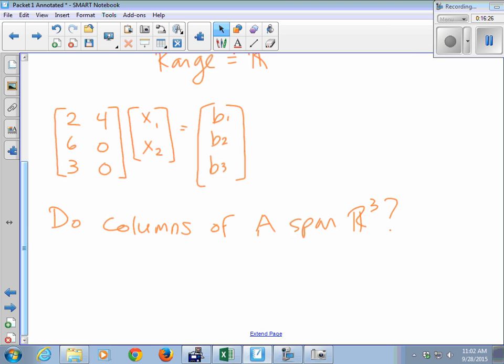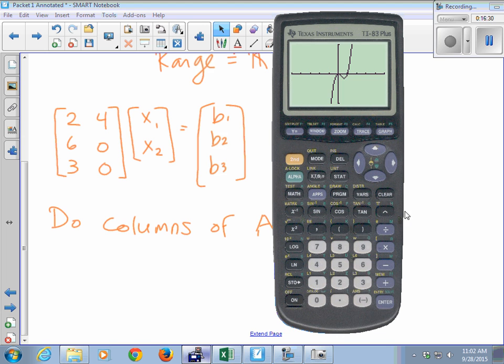So I'm just going to pull up my calculator and row reduce matrix A. Matrix edit A, and it's going to be 3 rows, 2 columns: 2, 4, 6, 0, 3, 0.